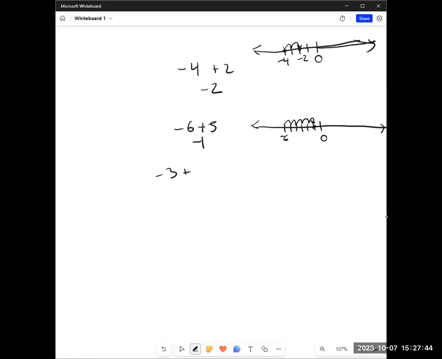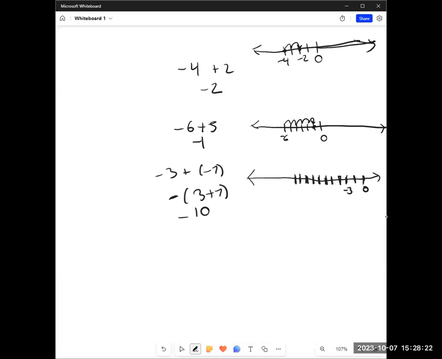-3 plus a -7. Let's use our rule here that says the signs are the same. Keep the sign and add the absolute values. That gives me a -10. I want to see that on a number line. Let's go ahead and put 0 more over here because I have to have a lot of spaces here. 1, 2, 3, 4, 5, 6, 7, 8, 9, 10.